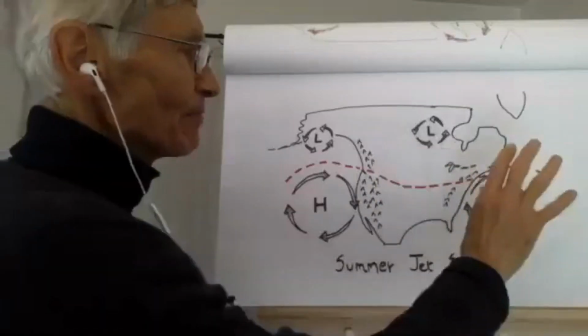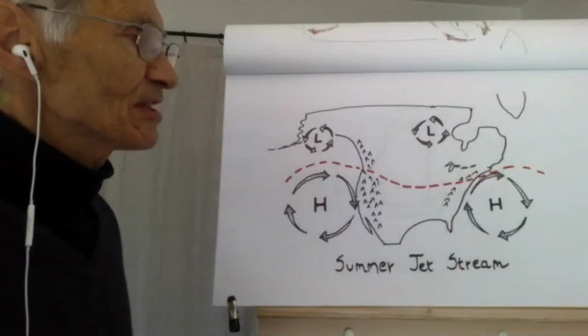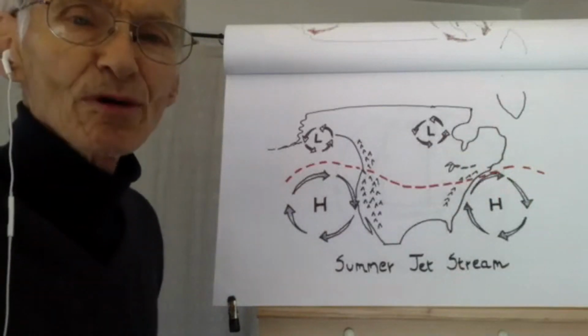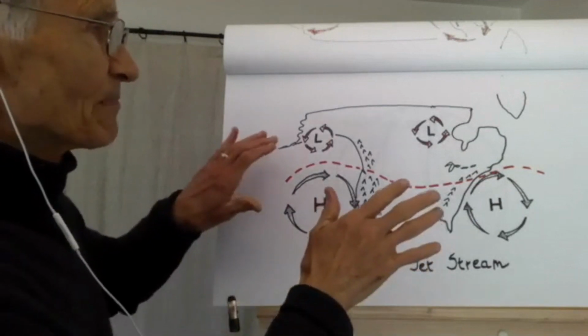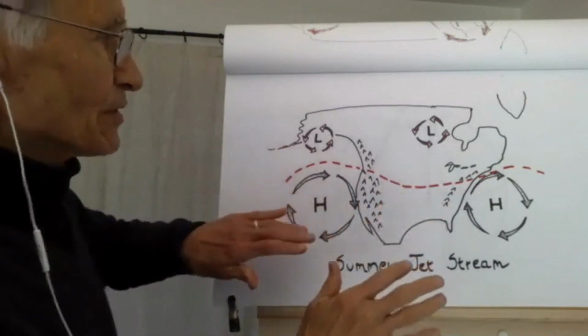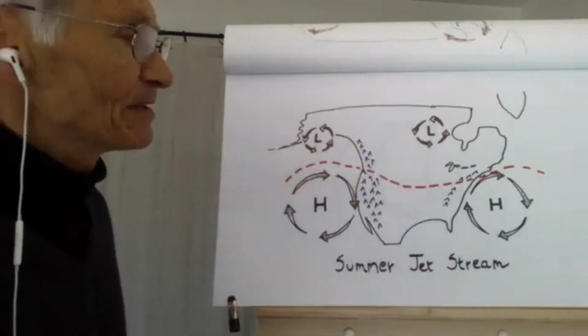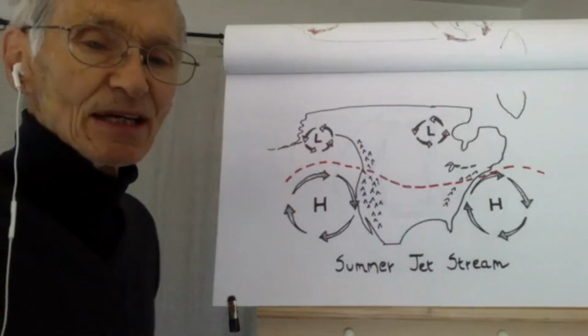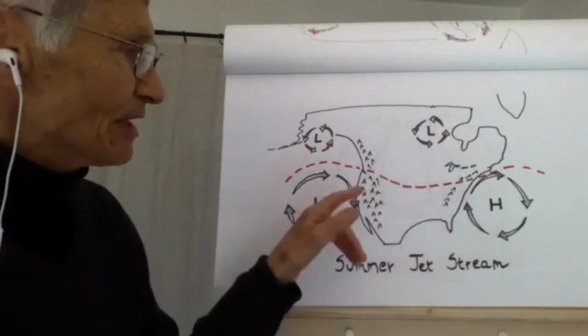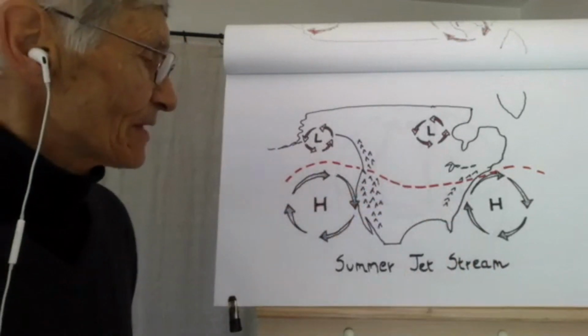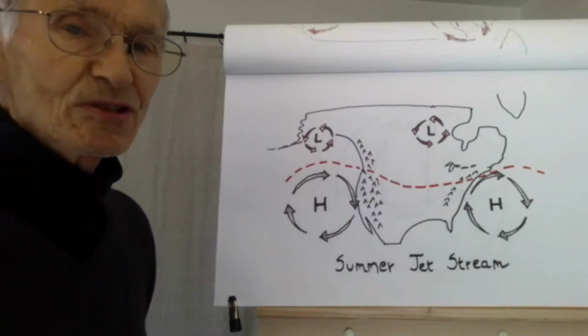This is a summer pattern, very rapid movement across the northern states, giving you thunderstorm activity and things like that. The lows in the summer retreat very high up into Canada, and they don't have the power to overcome these very amplified ridges. That's a summer jet stream.